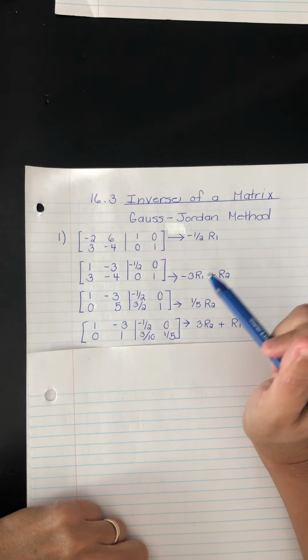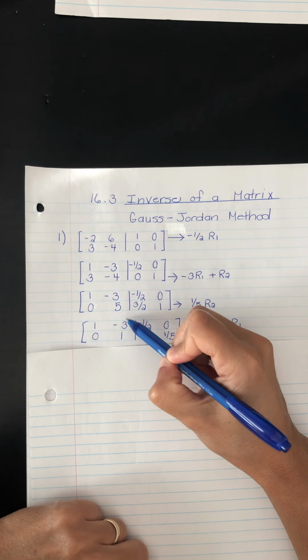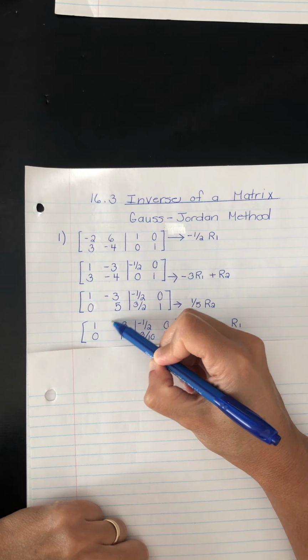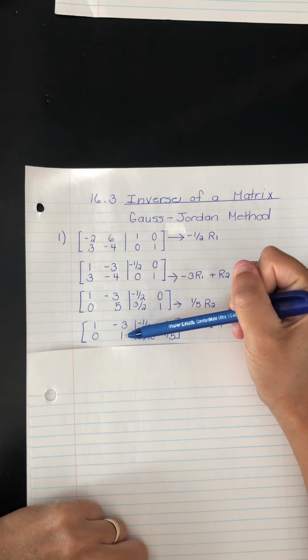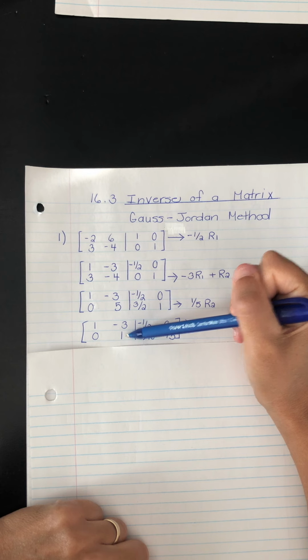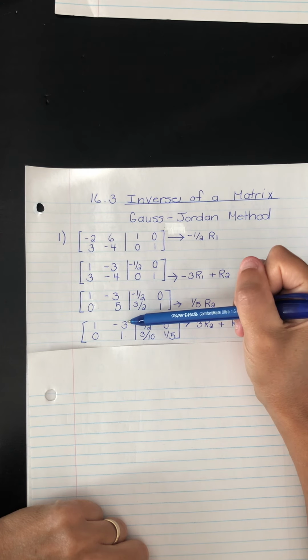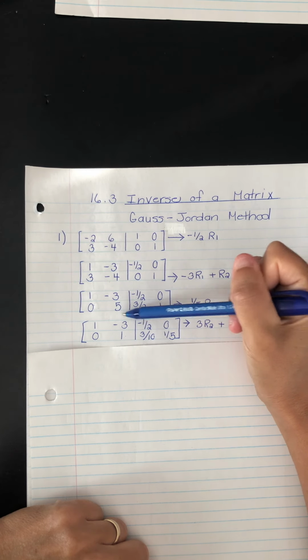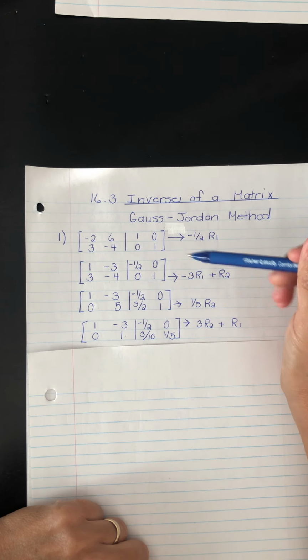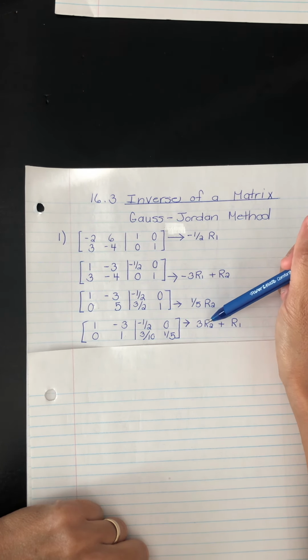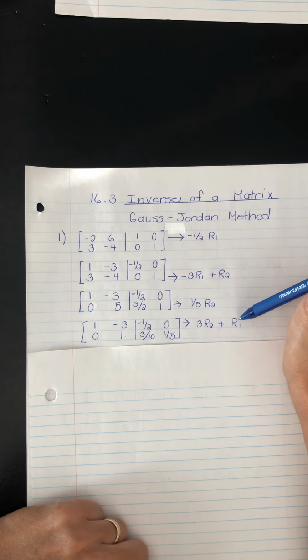Okay, last thing we need to change, of course, we need a 0 here. How can I get 0 here? Well, what if I multiply this by 3 and add it to this? That will give me a 0 here. So that's the plan we're going to execute. We're going to take 3 times row 2 and add row 1.